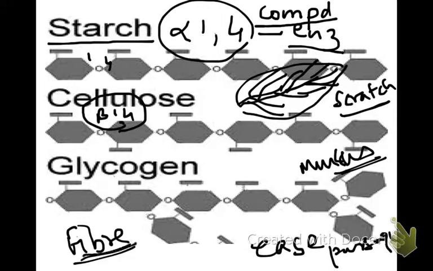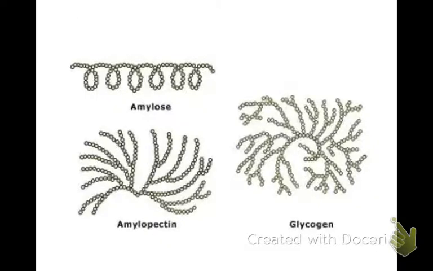Okay, now there are very few creatures in this world who have an enzyme to break down this beta 1,4 linkage, and those are some bacteria. But these bacteria are cultivated by certain creatures. Okay, so my point being, this is just the structure of amylose, which is a straight chain, and then amylopectin, which is branched, and glycogen, which is ultra branched.